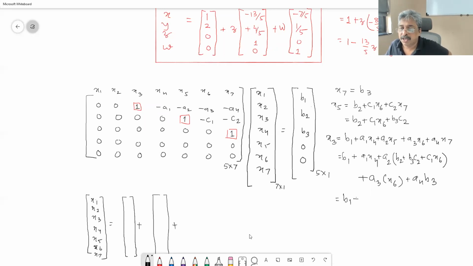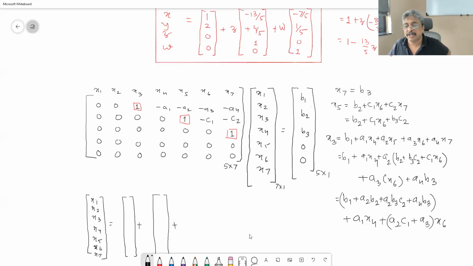b1 plus a2 b2 plus a2 b3 c2 plus a4 b3, these are the constant terms, plus a1 x4 plus a2 c1 x6 plus a3 x6.